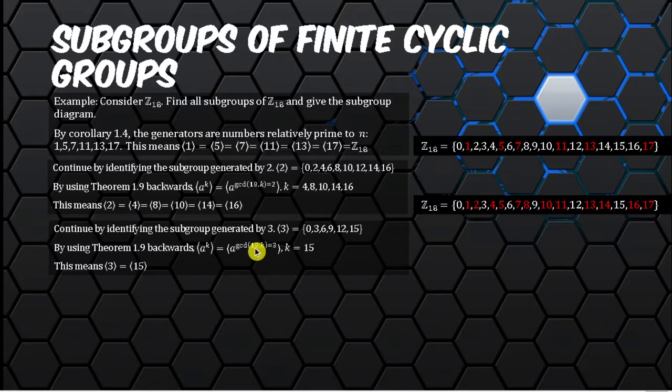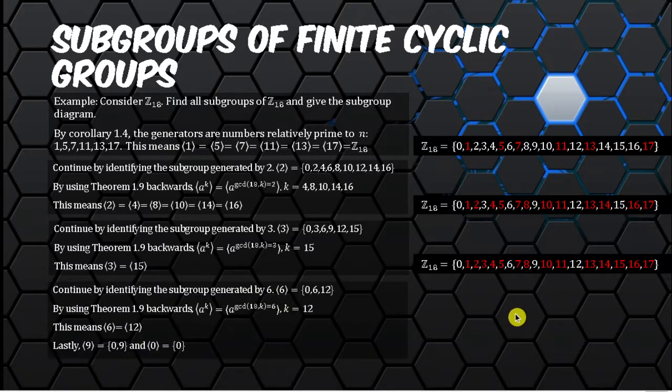Dapat ang GCD ng 18 at saka yung K natin ay 3. So, from among the numbers left here, sino sa kanila ang may GCD ng 3 kapag ipares kay 18? It's actually only 15. That's why the subgroup generated by 3 is the same subgroup generated by 15. So, cross out natin yung 3 at saka 15.